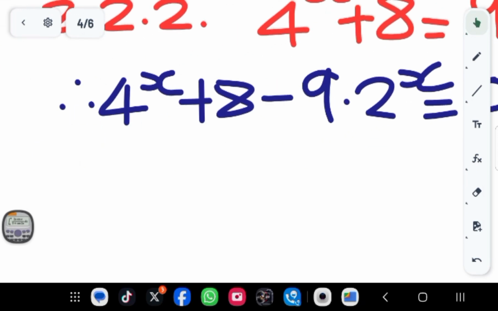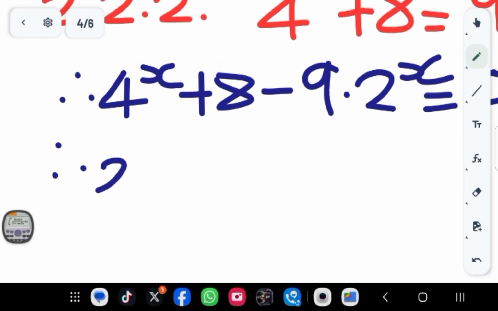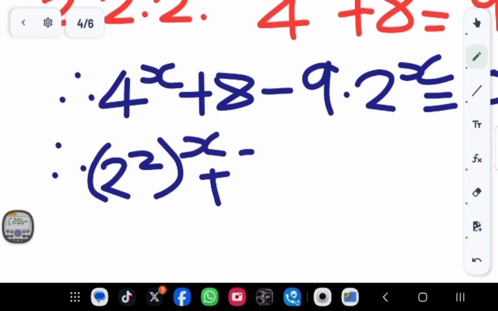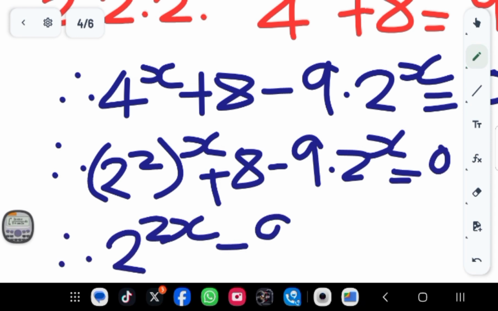Like I said, this is a quadratic exponential equation, but because you don't see that now, what you do is you express 4 as a power with the base 2, so that is 2 to the power of 2 all to the power of x plus 8 minus 9 times 2 to the power of x equals 0. Therefore, 2 to the power of 2x minus 9 times 2 to the power of x plus 8.